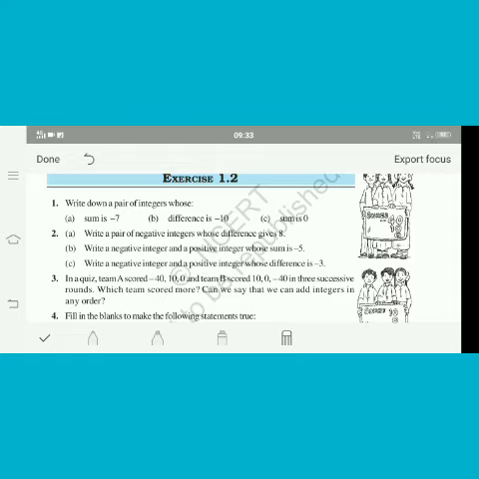So same only in these 3 successive rounds. Which team scored more? Can we say that we can add integers in any order?